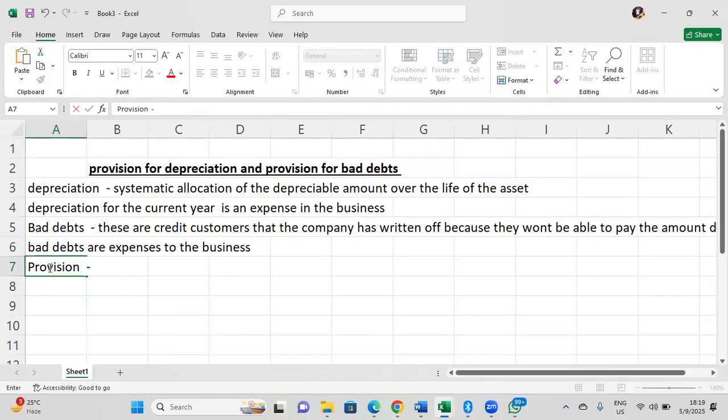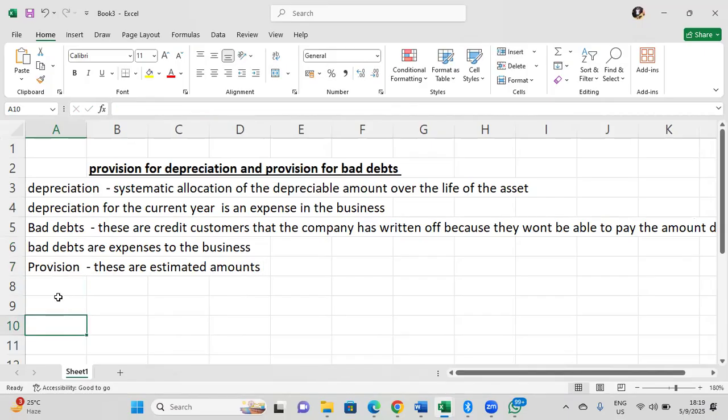There's still a possibility, but there's now a very low chance. So we write someone off as a bad debt. Why do we call it a provision? A provision for bad debts is an estimate for those that are not going to pay. So provisions are estimated amounts. You're not yet sure.